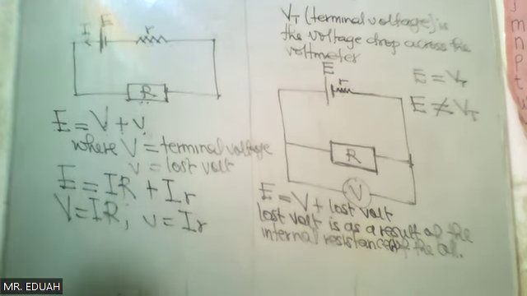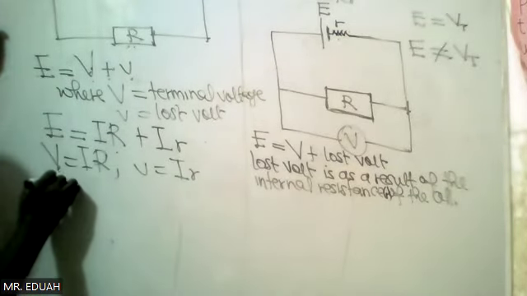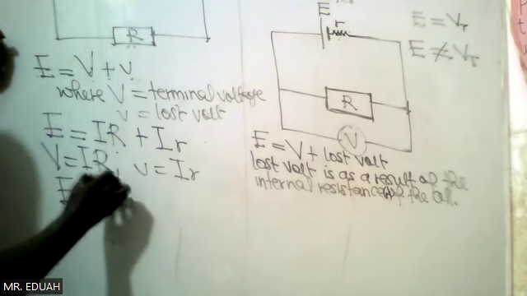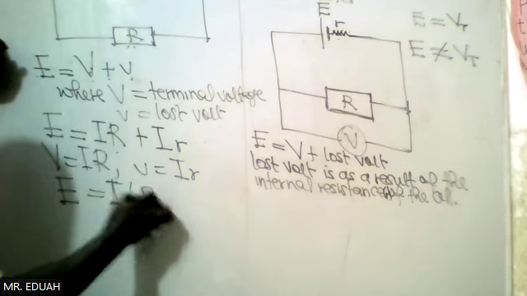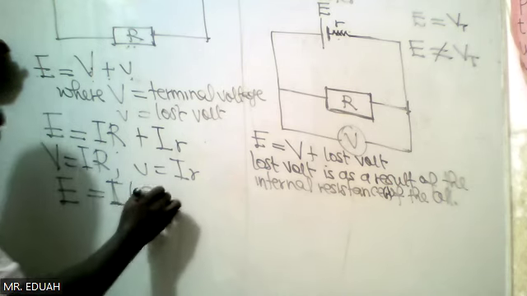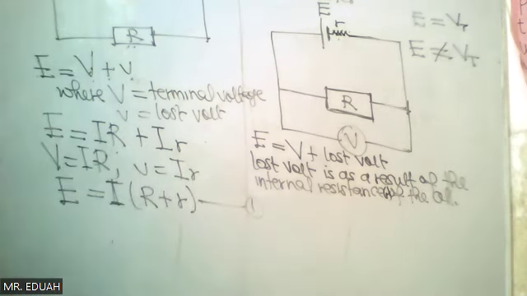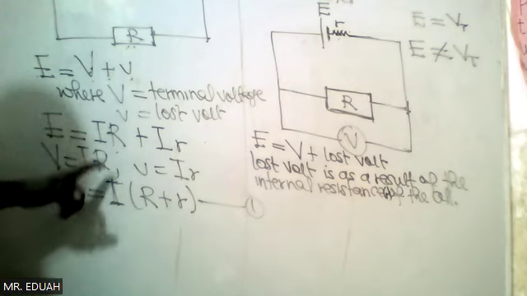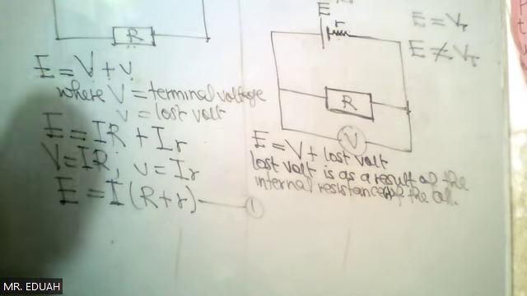We'll be using this to solve a lot of questions. If we simplify this relation, we have E is equal to I times (R plus small r). This is the relationship connecting the EMF of a cell, the terminal voltage, and the lost volts.